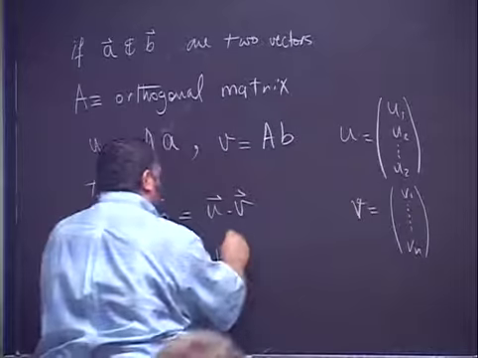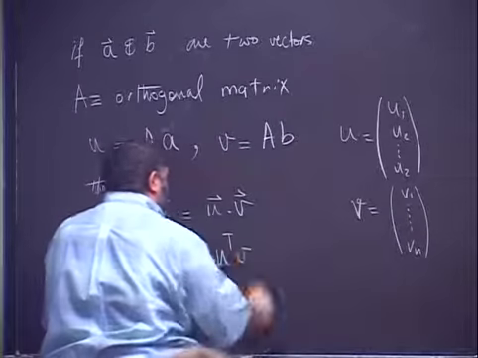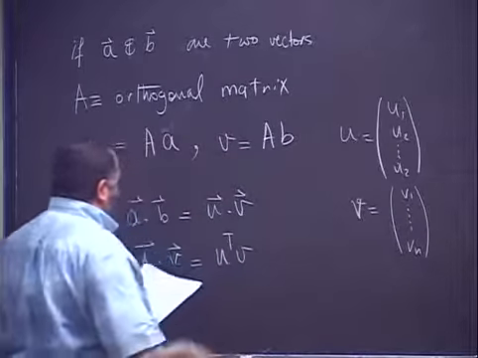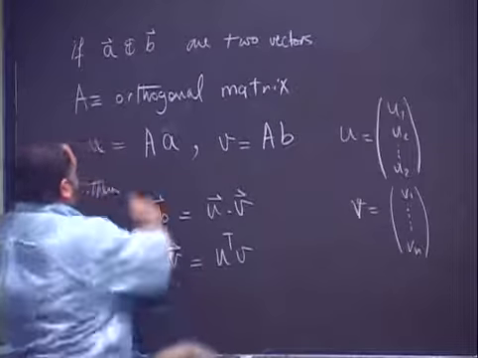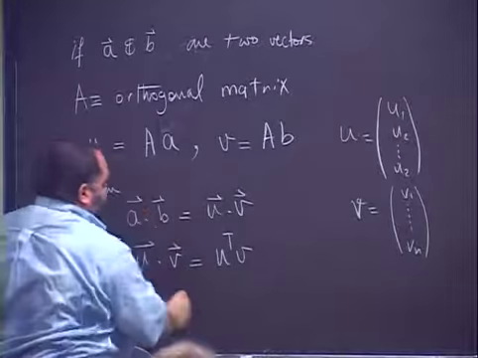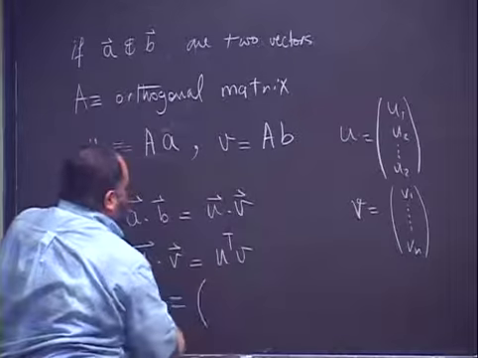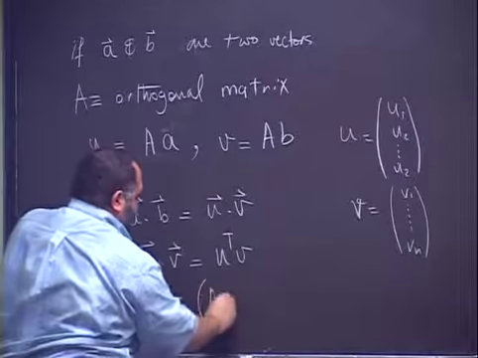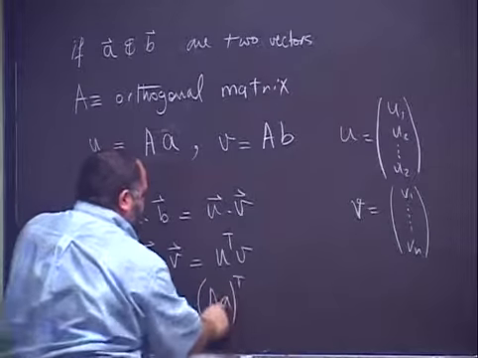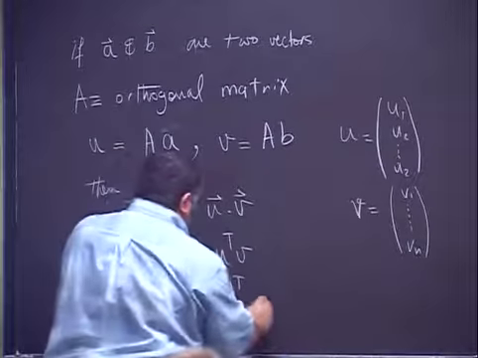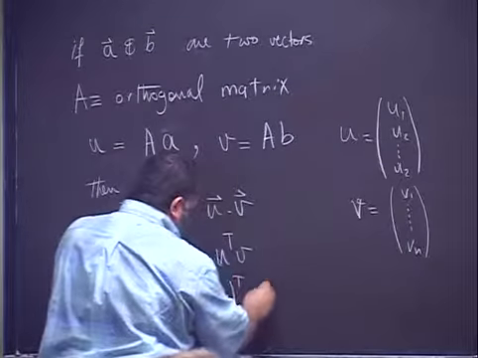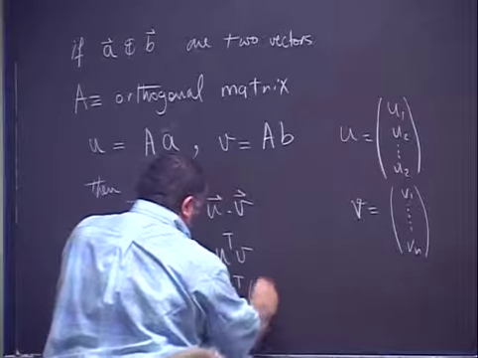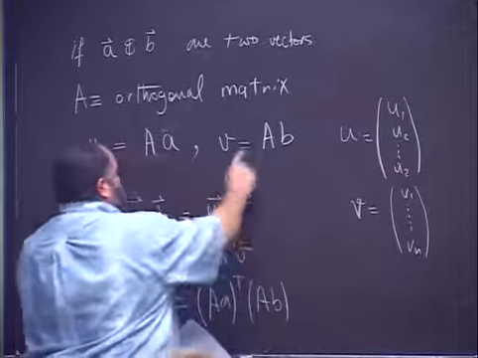So this will be u transpose multiplied by v, and u transpose is, from here, a transpose multiplied by A, and v is just Ab.